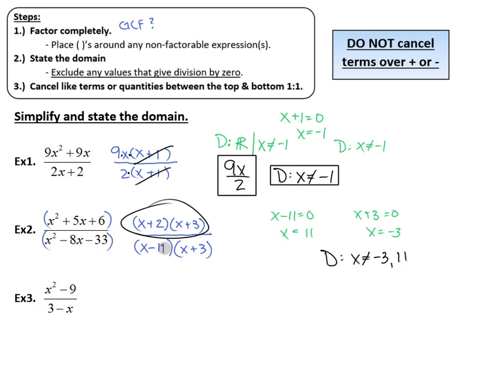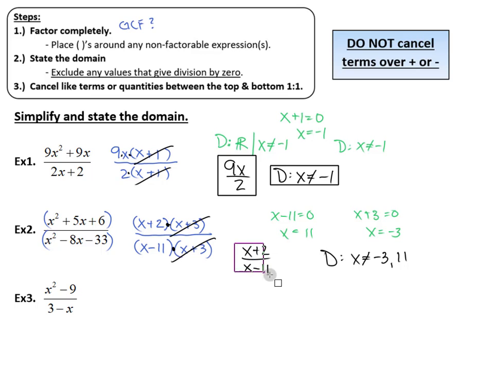Making the numerator 0 is fine. 0 over anything is 0, except for 0 over 0, which is undefined, but we probably won't run into that one. Okay, so then we look for common factors. Again, we have things held together with multiplication, and I can see we do have matching expressions we can get rid of. So we can simplify this to x plus 2 over x minus 11 as long as we keep that domain.